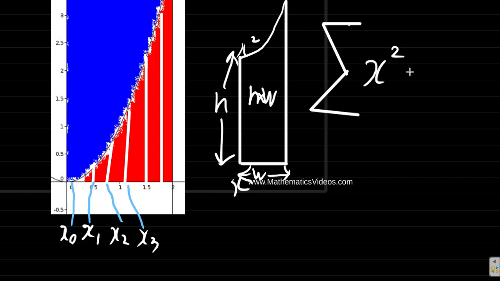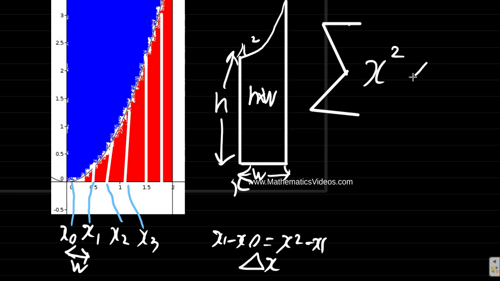Now, the height times the width. x1 minus x0 is the same thing as x2 minus x1, and so on, because they are of equal width. Let's call the width a change in x, delta x. Now we're summing up from 0 to 2 of x squared delta x.